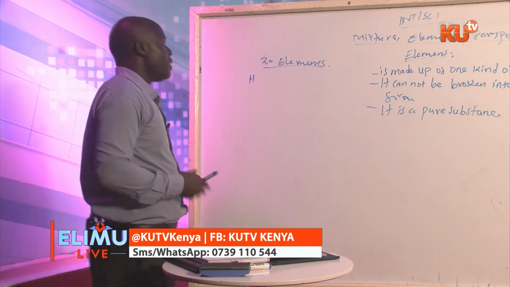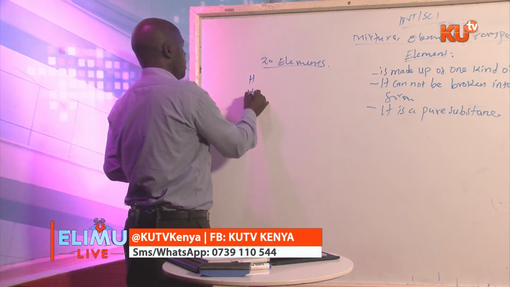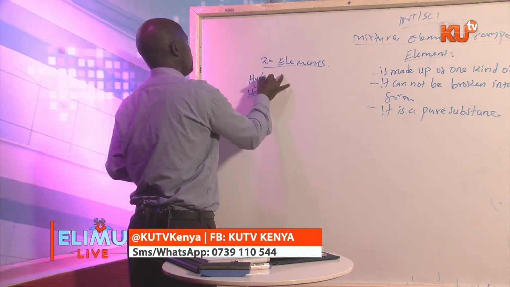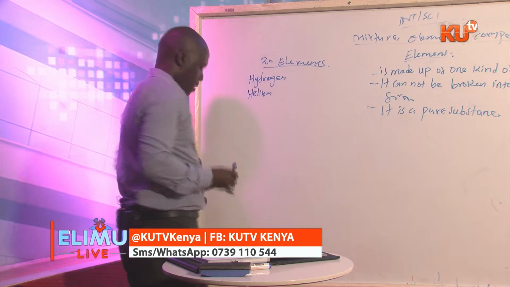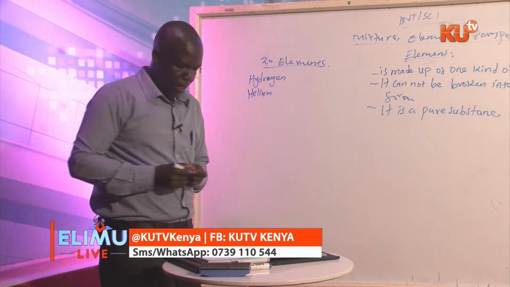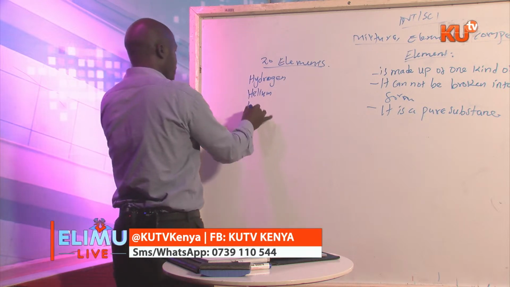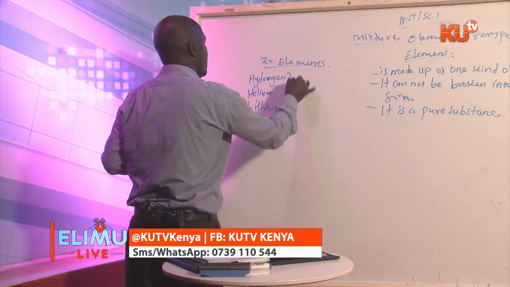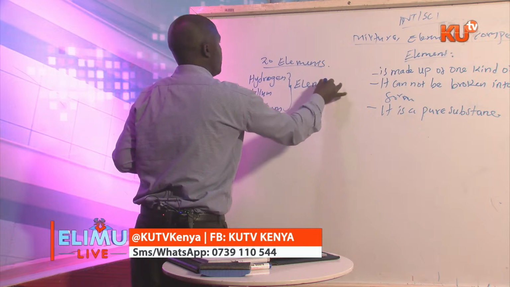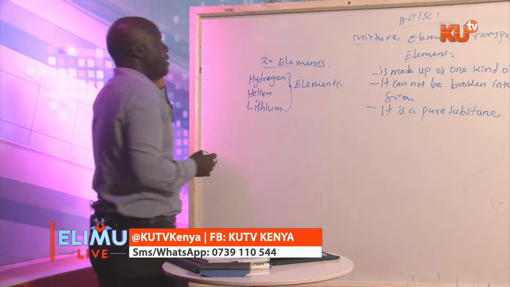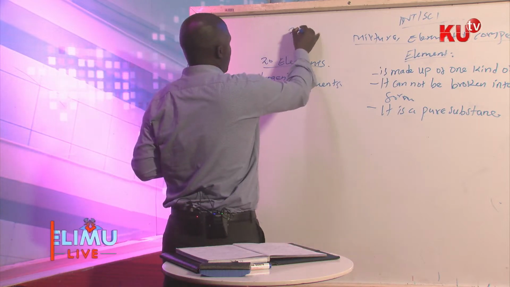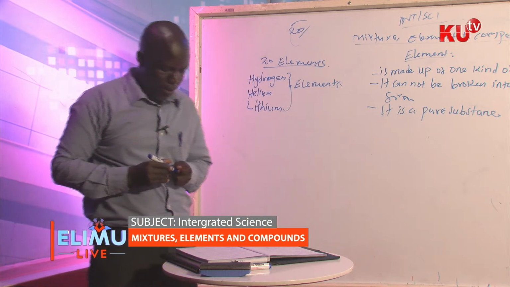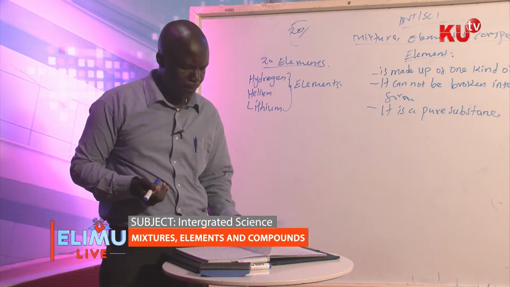We have helium. Then number 3 we have lithium. So these are just a few examples of elements. But in grade 8, we looked at the first 20 elements, that is from hydrogen to calcium.